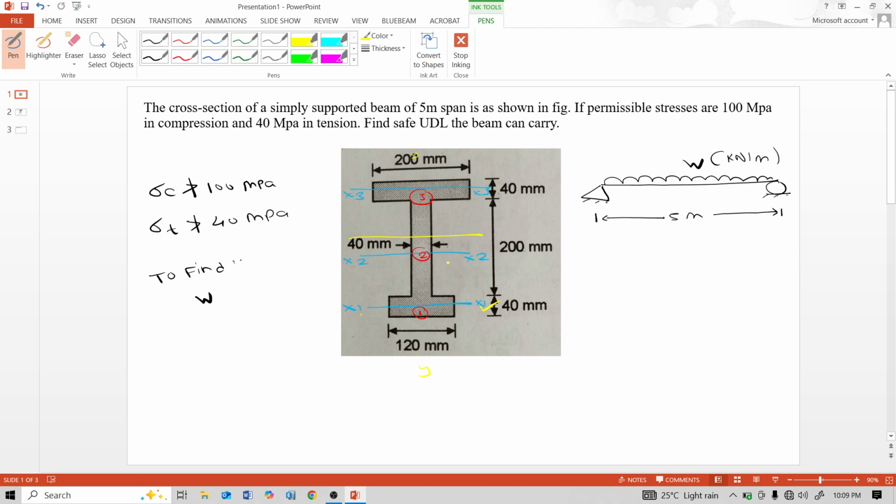This x2 axis is at a distance of 140, and the neutral axis is at a distance of 158.46.